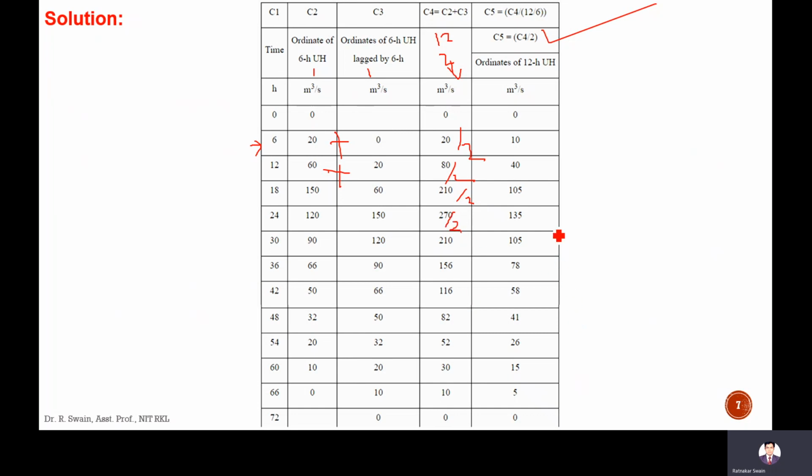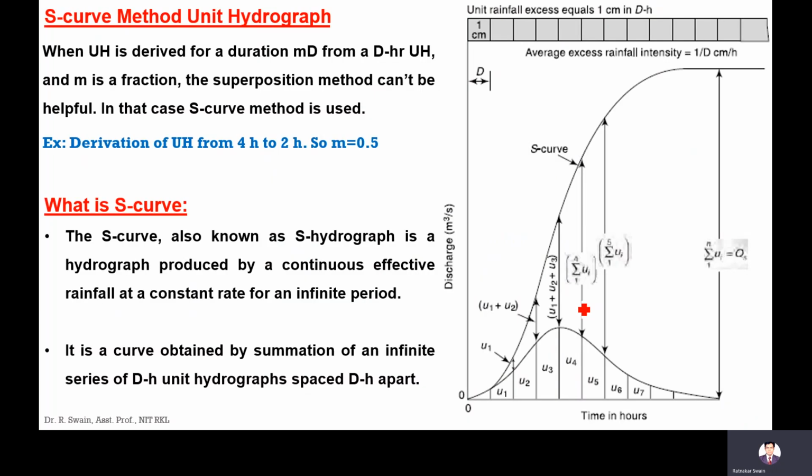Similarly, you can obtain the ordinates. Now, in this example we derived from 6 hour to 12 hour, that is, from D hour to MD hour, where M is a number. Here M is 2.